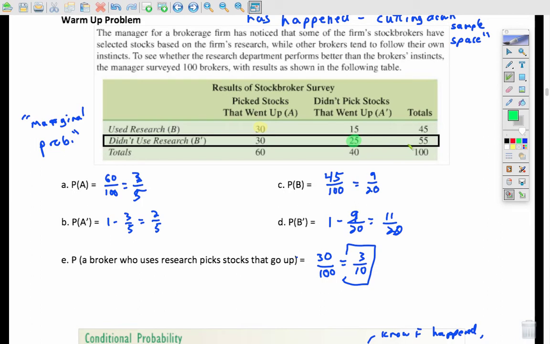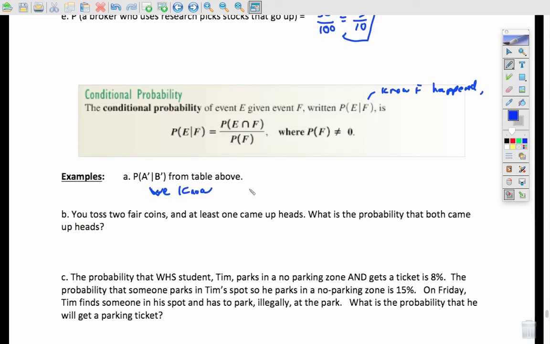Out of the 55 that didn't use research, 25 of them picked stocks that didn't go up. So that's how I come up with the probability of 25 out of 55. So we know no research used.